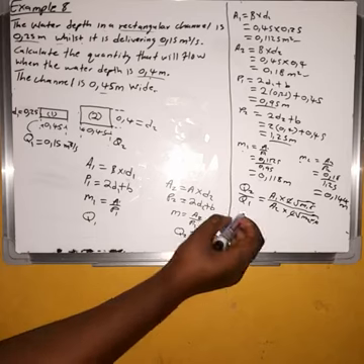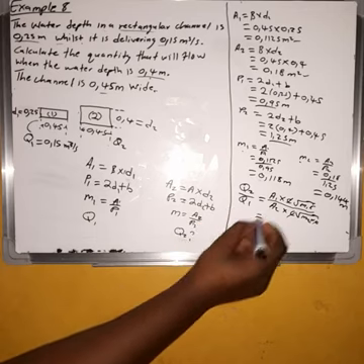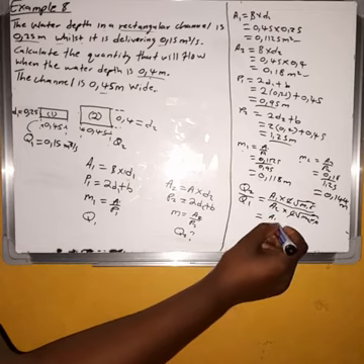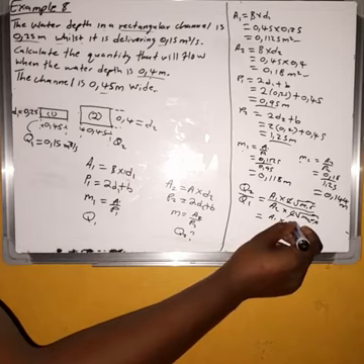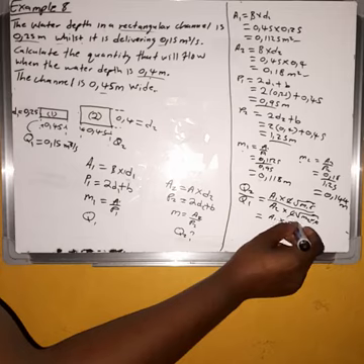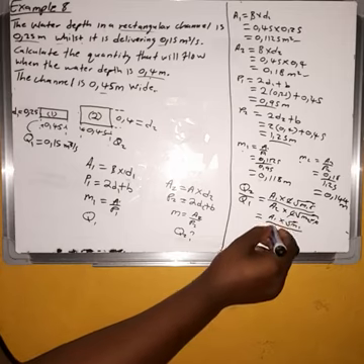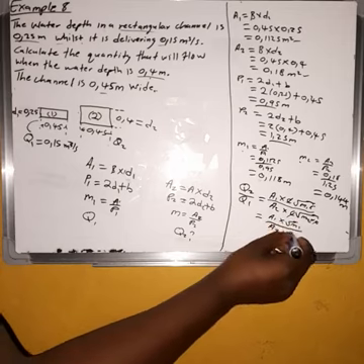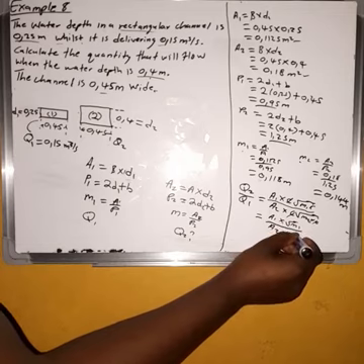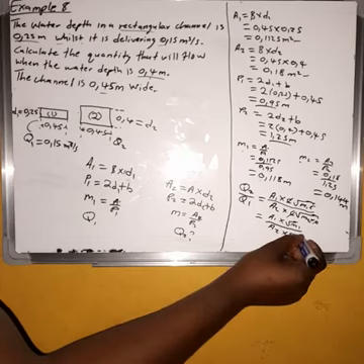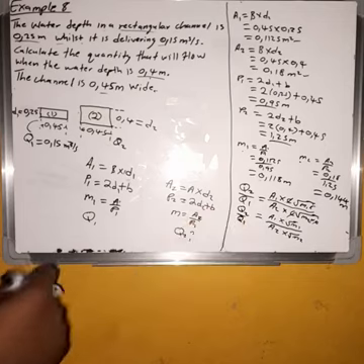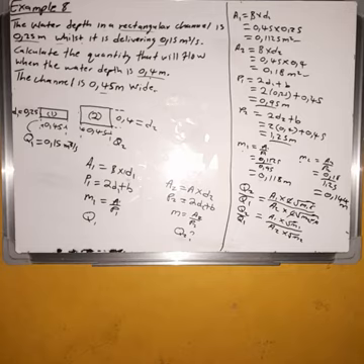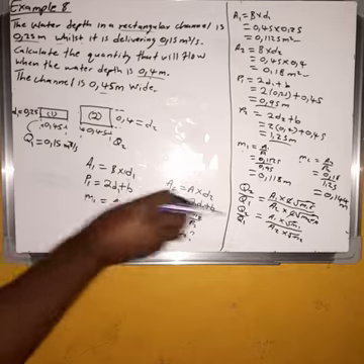In other words, here we will be left with area 1 multiplied by the square root of M1 over area 2 multiplied by the square root of M2, which is Q2 over Q1, right? That is the formula we're supposed to apply there.